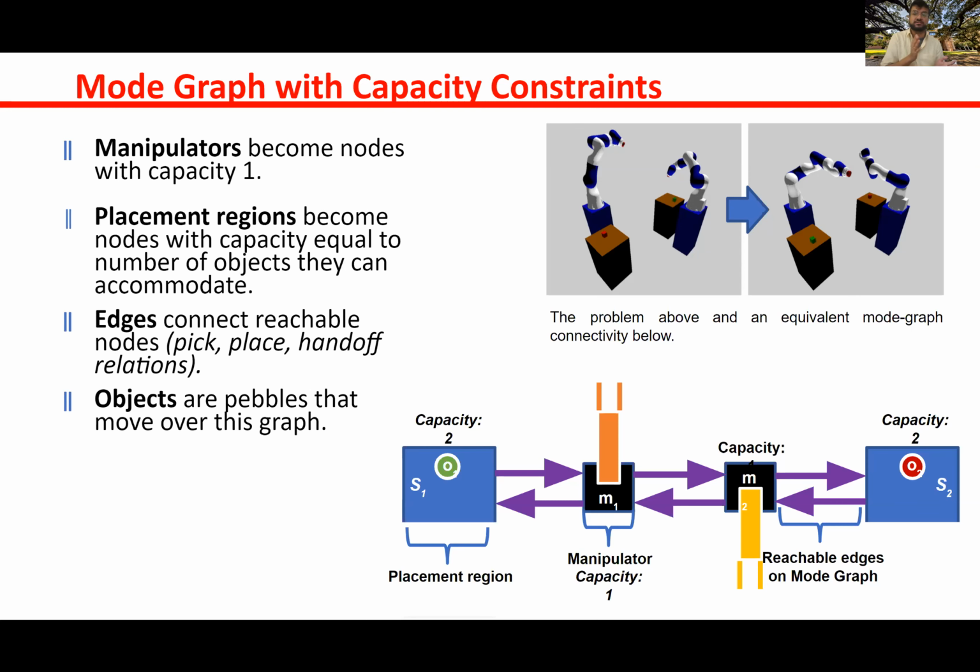The edges between the placement locations and the manipulators are picks and placements, and the edges between manipulators are going to be handoffs. Now the objects can be thought of as pebbles on such a graph, and the initial location will occupy a set of vertices on such a mode graph.